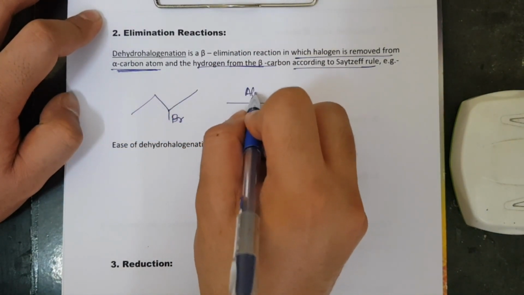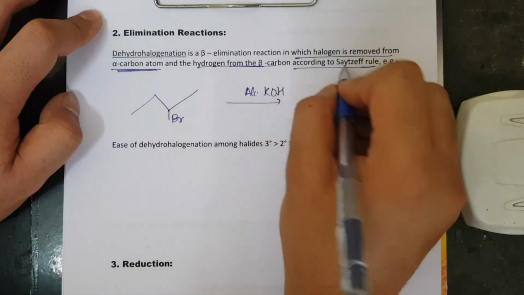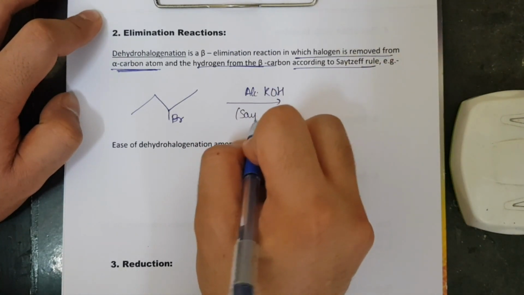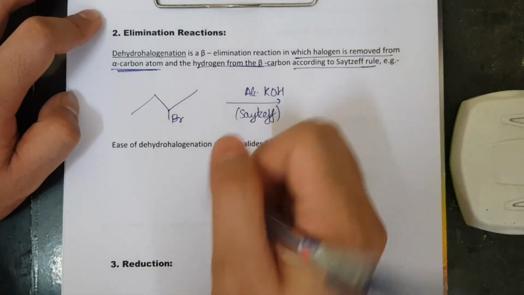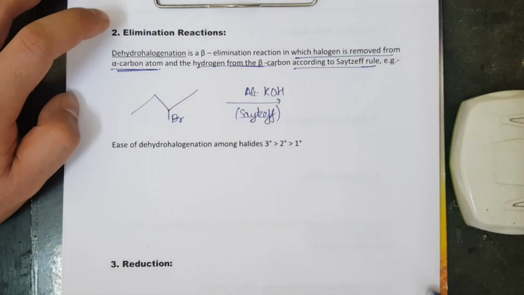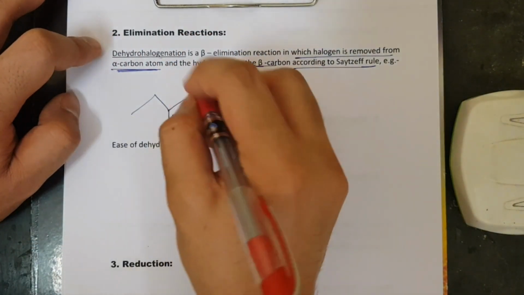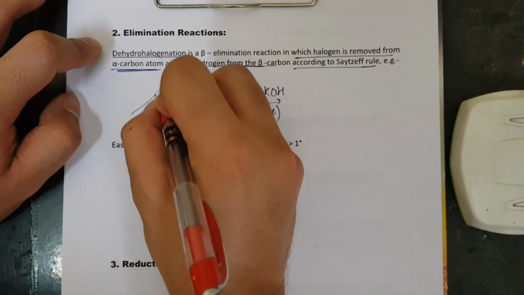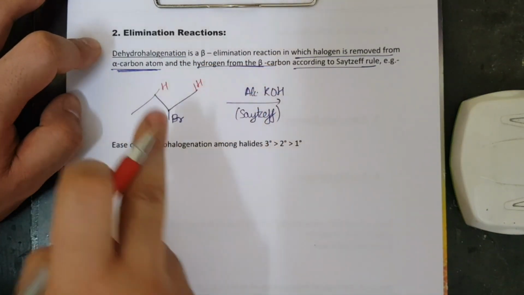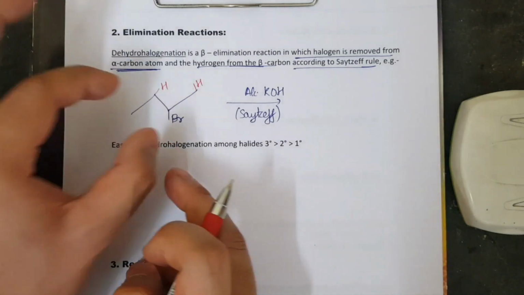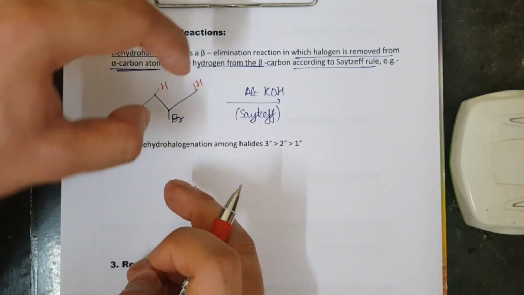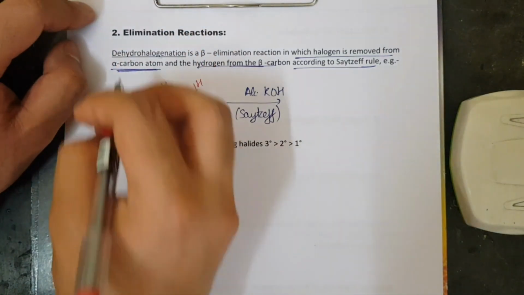We take alcoholic KOH, which gives the Saytzeff elimination. Saytzeff elimination is dehydrohalogenation in this particular case, which implies the removal of HBr. So H and Br can be removed from here, or HBr can also be removed from here.